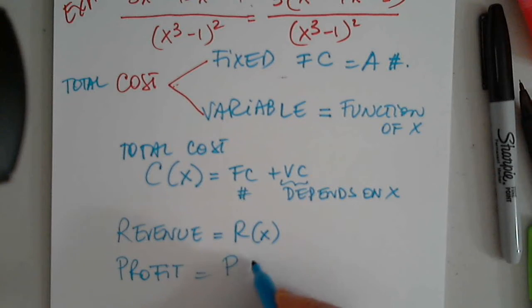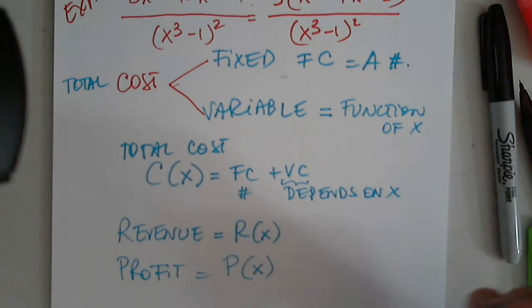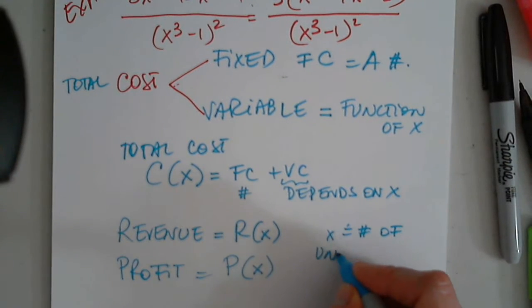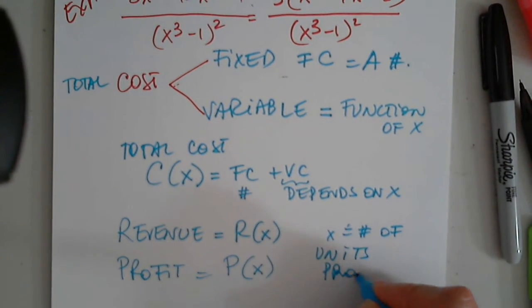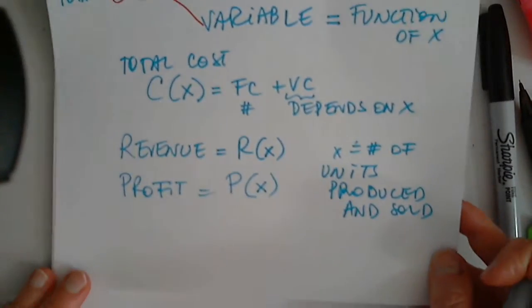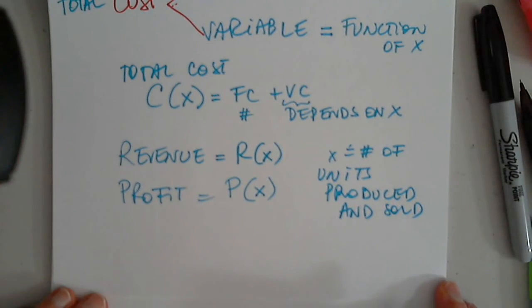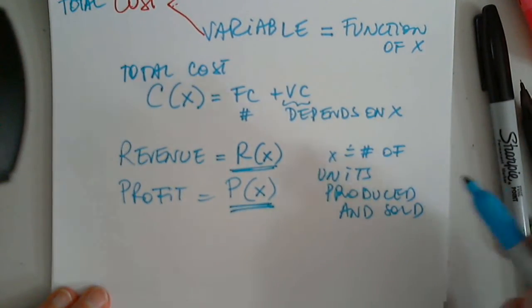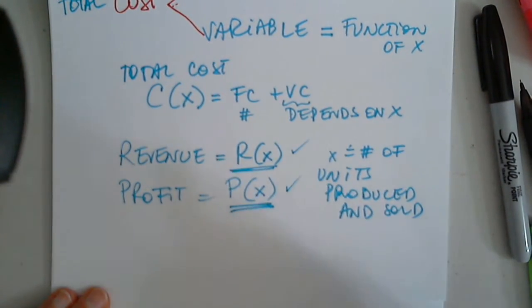The profit is a function of x as well. What is x? Number of units produced and sold. Because if I produce them and I just put them on the shelf, I don't have revenue and I don't have profit. So I produce them and I sell them, and then I get revenue and I get the profit.